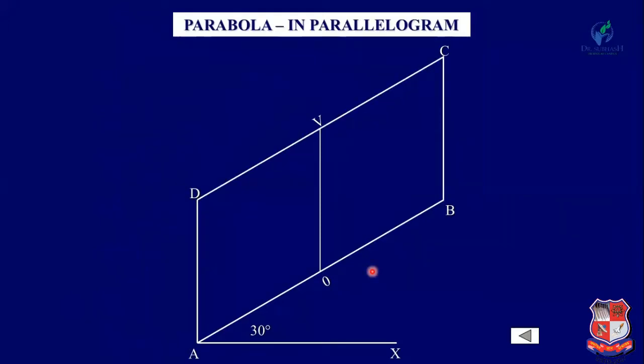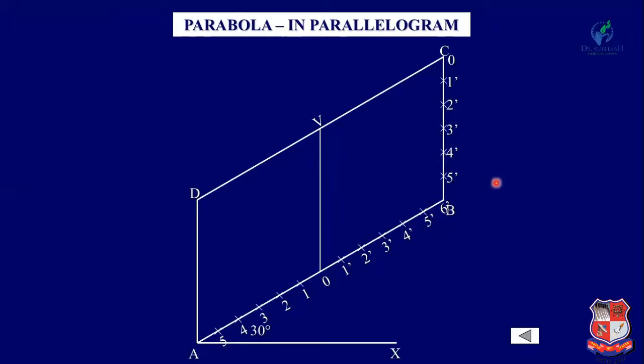Now mark the points from O to B: 1 dash, 2 dash, 3 dash, 4 dash, 5 dash and 6 dash. Similarly on the other side, 1, 2, 3, 4, 5 and 6. Now from C to B, mark the same number of points: 1 dash, 2 dash, 3 dash, 4 dash, 5 dash and 6 dash.